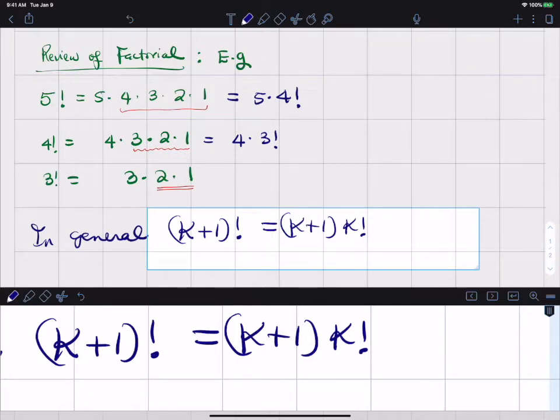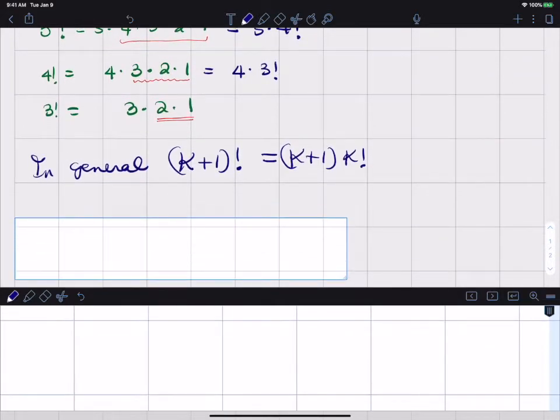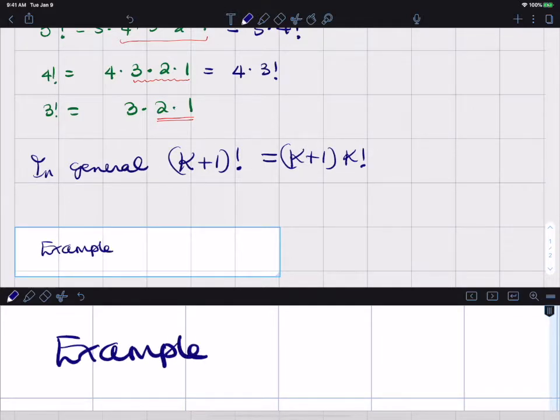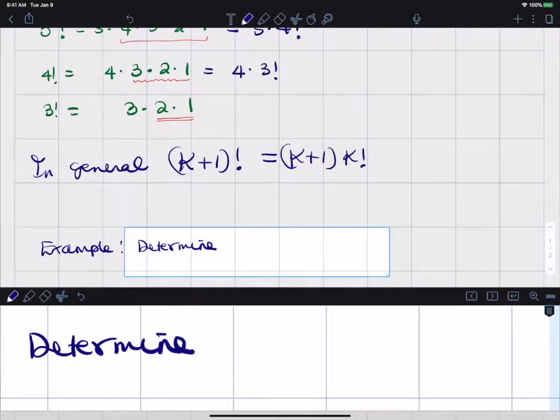Now, let's do an example where we want to determine convergence.